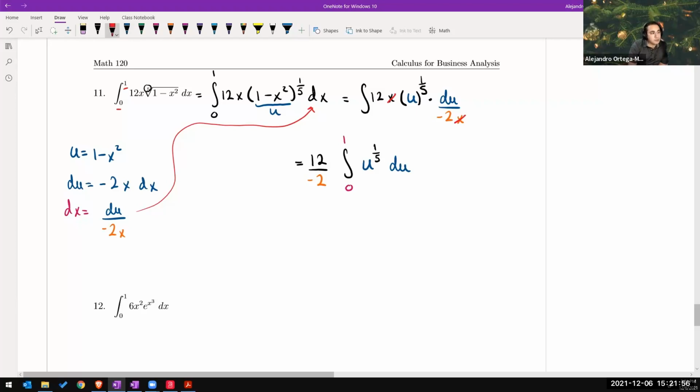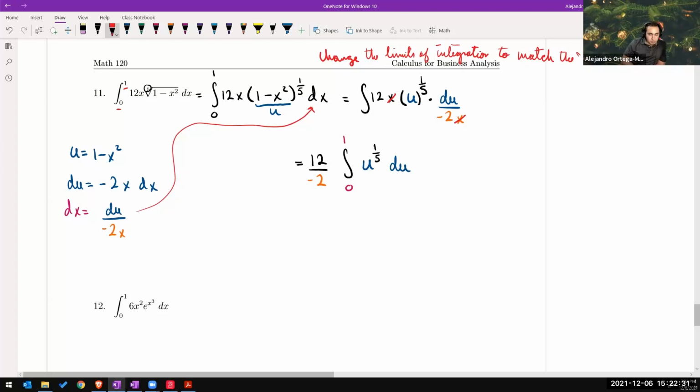So we need to change the limits of integration to match the u. To be more precise, the changes in u.